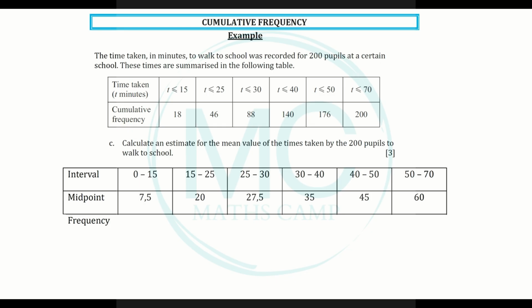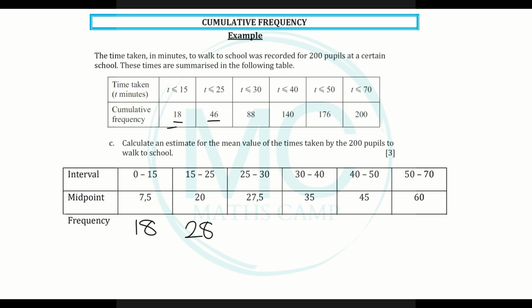To find the frequency of any interval, we subtract the frequency directly before it. So for our first interval, simply 18. For our second interval, we say 46 minus 18, which gives me 28.